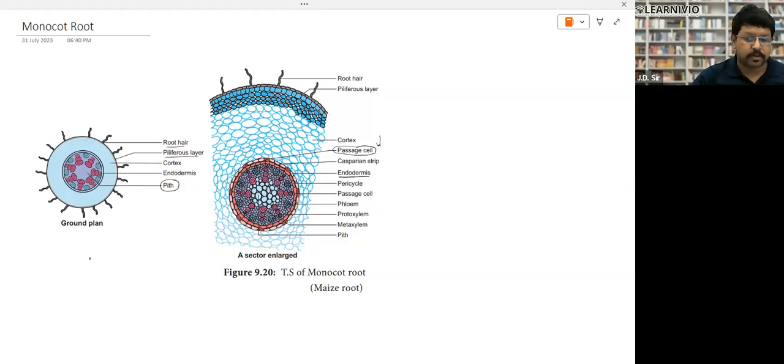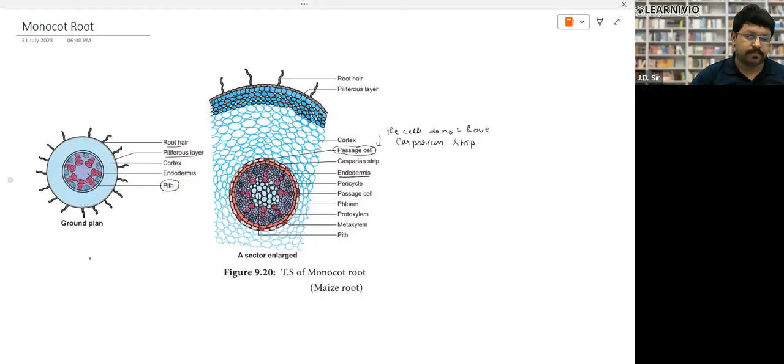They are called passage cells. This is endodermis. This is pericycle. Passage cells I have already told you.